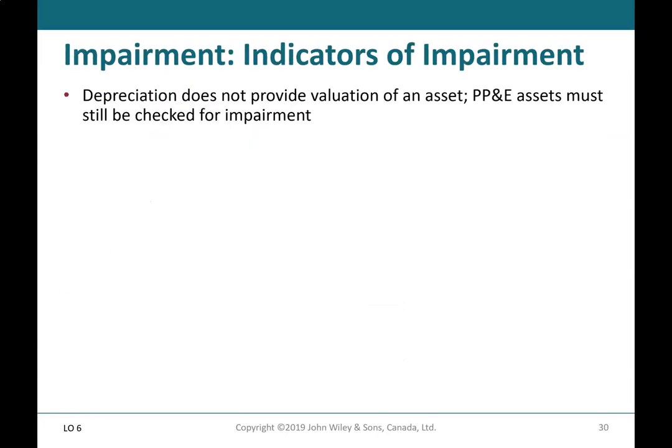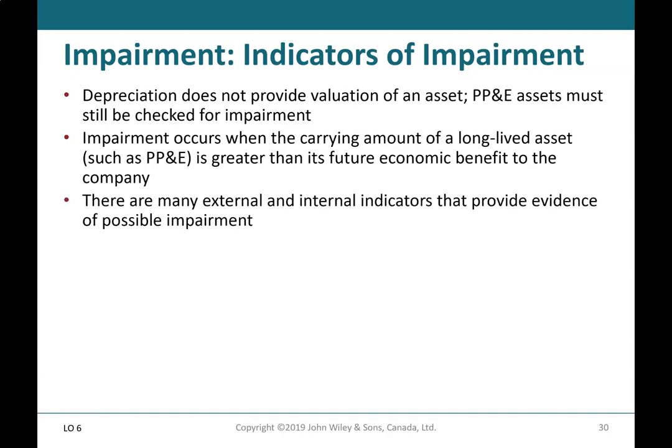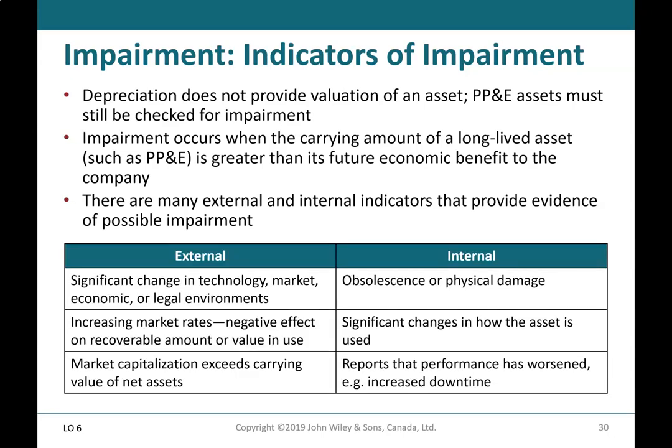Impairment, indicators of impairment. Depreciation does not provide valuation of an asset. Property, plant, and equipment assets must still be checked for impairment. Impairment occurs when the carrying amount of a long-lived asset, such as property, plant, and equipment, is greater than its future economic benefit to the company. There are many external and internal indicators that provide evidence of possible impairment.